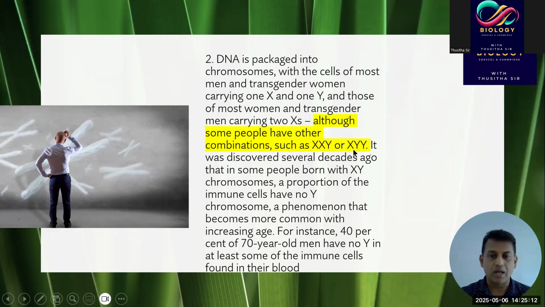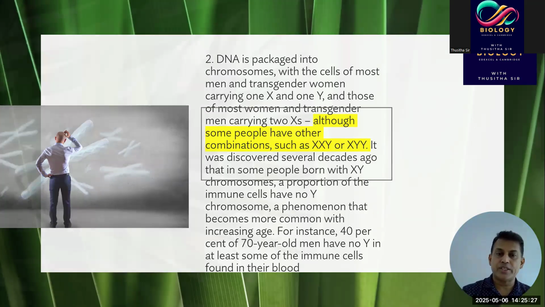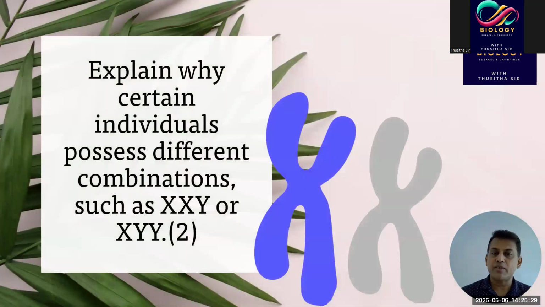There are people among us with these combinations, XXY and XYY. So why do people have this kind of combination? The question is: explain why certain individuals possess different combinations such as XXY or XYY.